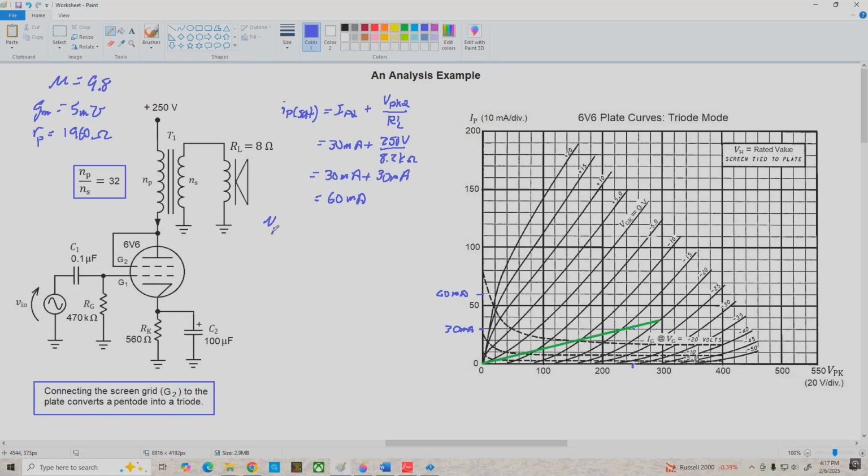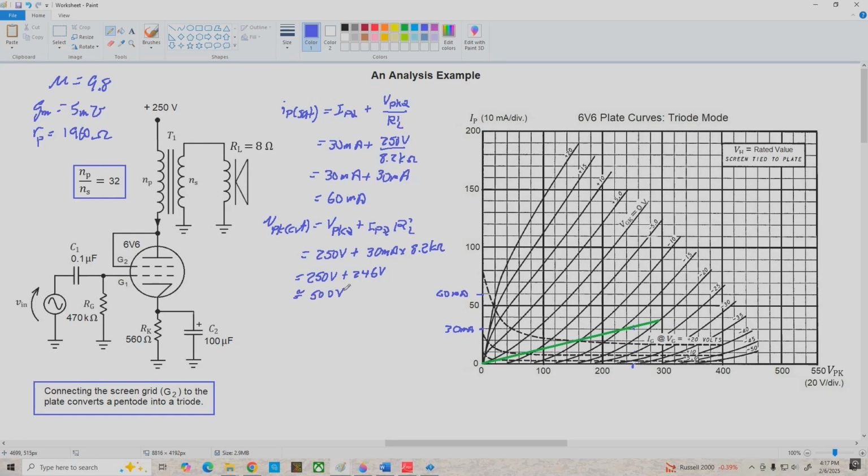So VPK cutoff is equal to VPKQ plus IPQ times R prime L. So we've got 250 volts plus 30 milliamps times 8.2 k ohms, and that gives us 250 volts plus 246 volts. That's pretty darn close to 250. So VPK cutoff, let's just call it 500 volts.